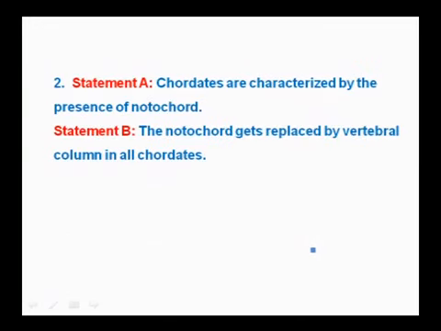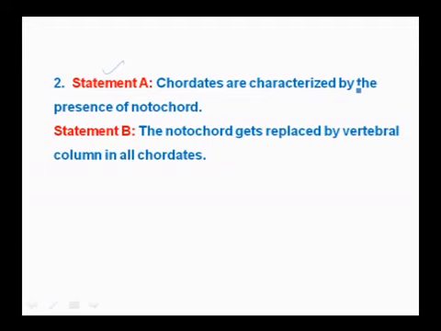Statement A. Chordates are characterized by the presence of notochord. Statement B. The notochord gets replaced by vertebral column in all chordates. Students, let me tell you what is to be carefully analyzed over here. The first statement states that chordates are characterized by the presence of notochord.